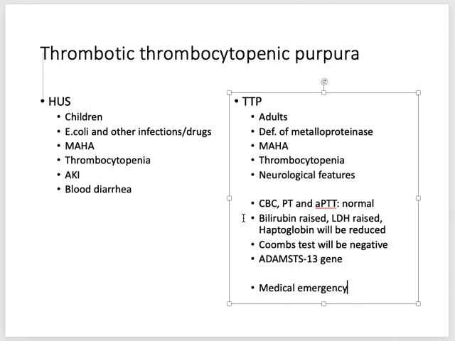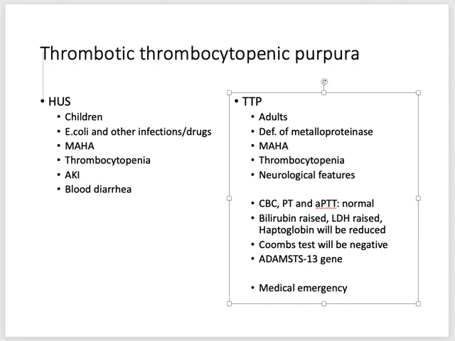The mortality is very high because the people can start bleeding, they have neurological symptoms, and there is microvascular thrombosis going on because the big von Willebrand factors cannot be broken down. They can block and cause different conditions, and they can bleed. Plasma exchange therapy, plasmapheresis, steroids, all of them are given just to tackle the condition.